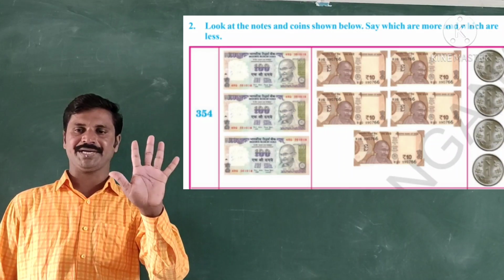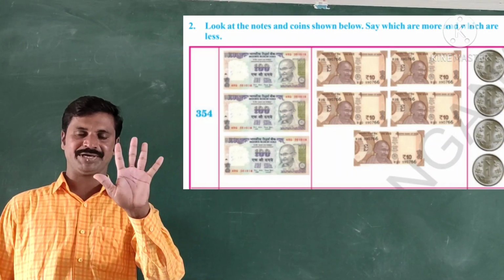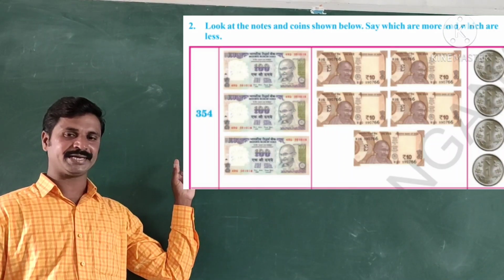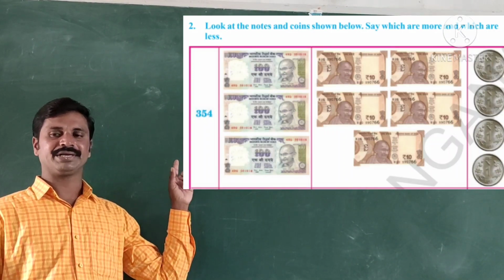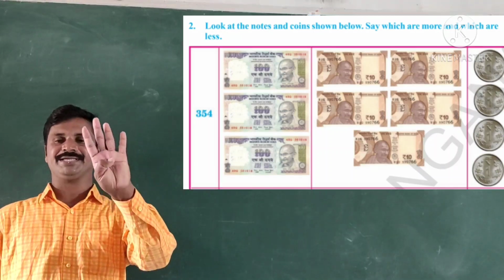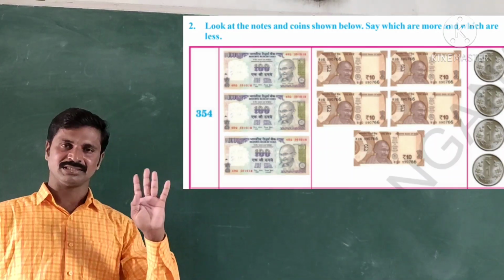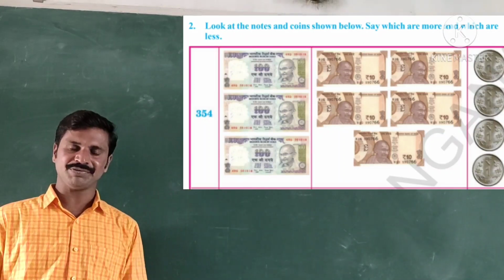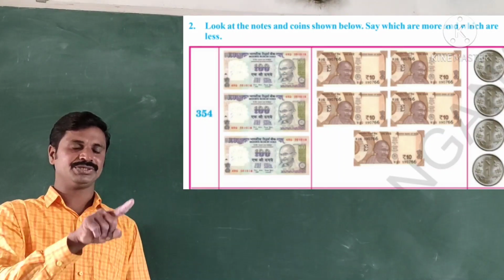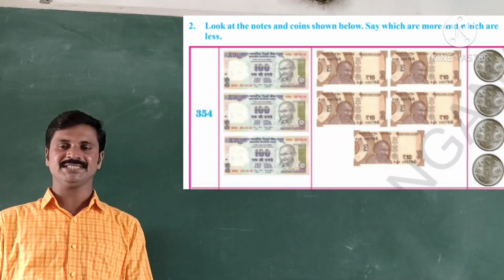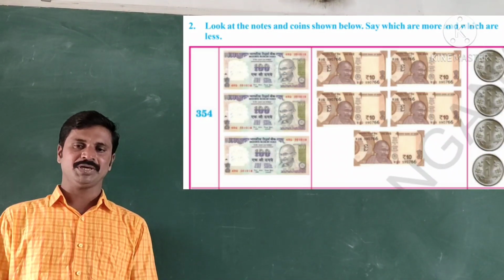How many ones are there? Very good. There are only 4 ones. The total amount is 354. Very good.